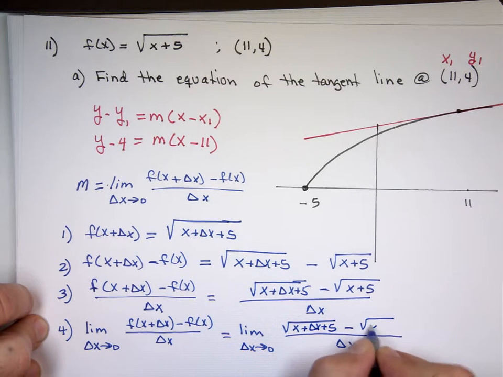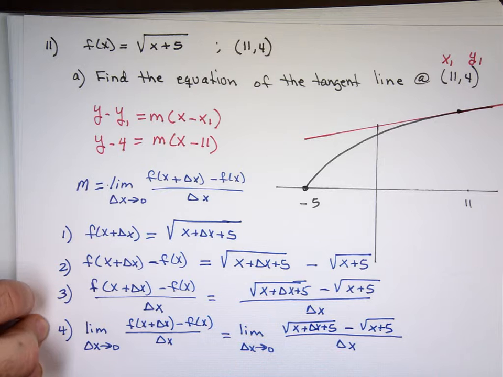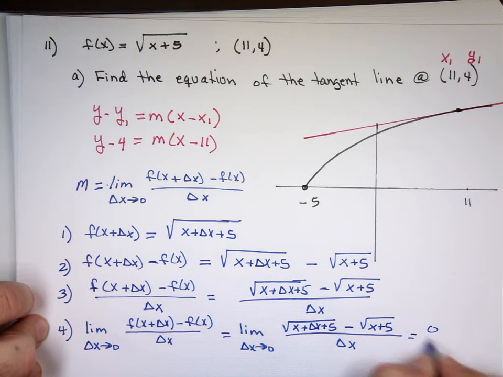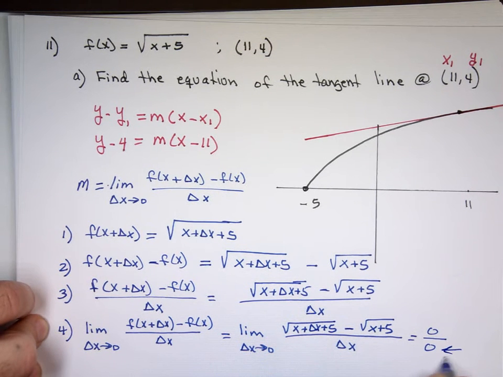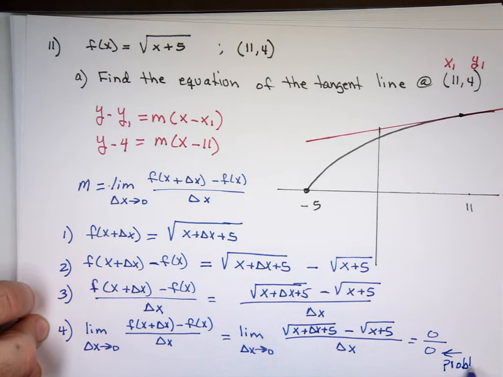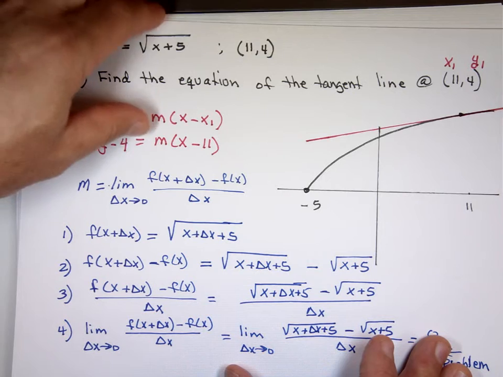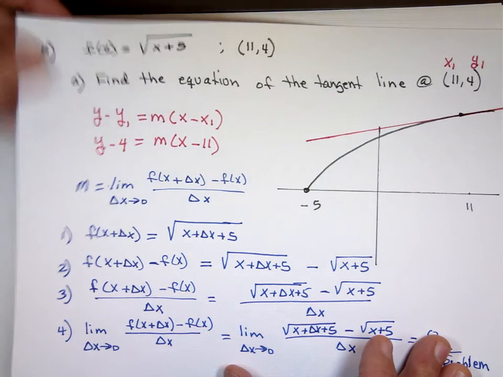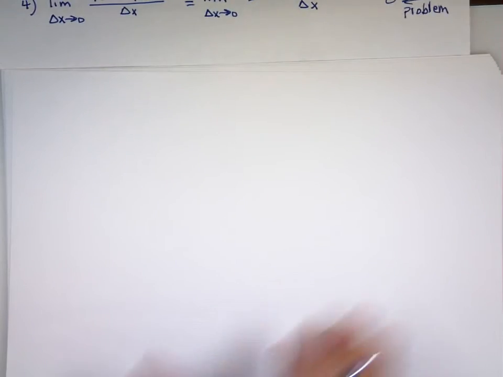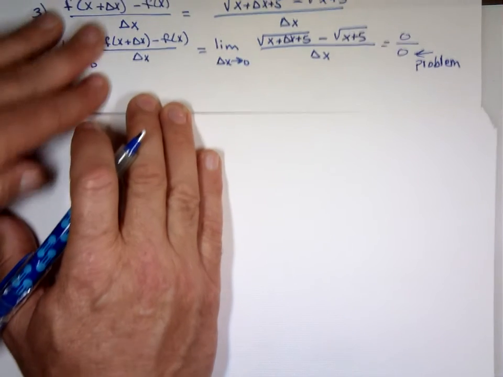And the first step in the limit is what? Direct substitution. You end up with 0 over 0, which is a problem. Can I fix that? Which way? Very good. Multiply by the conjugate. So I've got to find the answer to this.